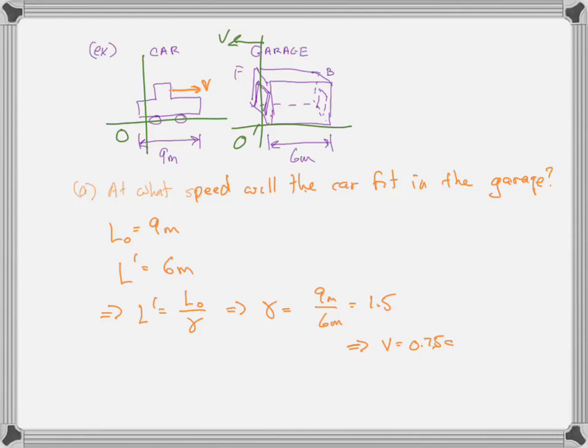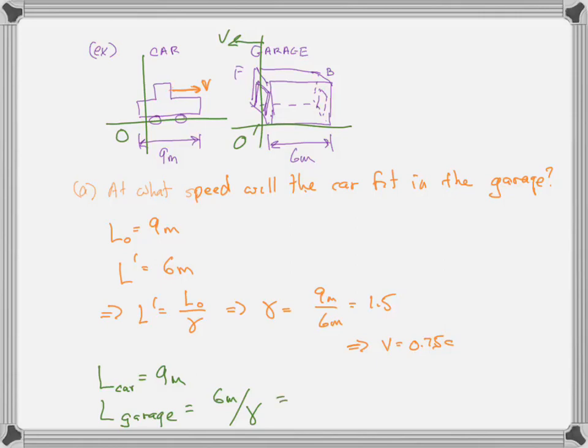Well, in that case, the car is stationary, so the car has a length of 9 meters, but the garage is moving. While its proper length was 6 meters, it's going to length contract by a factor of gamma. And we already figured out that gamma was 1.5.